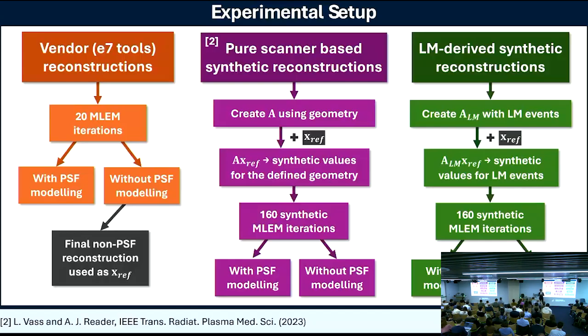And to be specific about the actual experiments that we ran, for the pure scanner-based geometry, we chose the Biograph mMR as our geometry, as this was just about enough with our computational limitations to carry out reconstructions, as well as the phantom that we chose fit nicely inside this geometry.